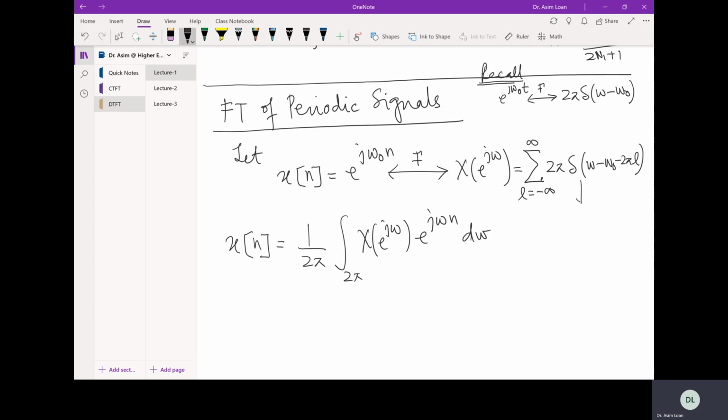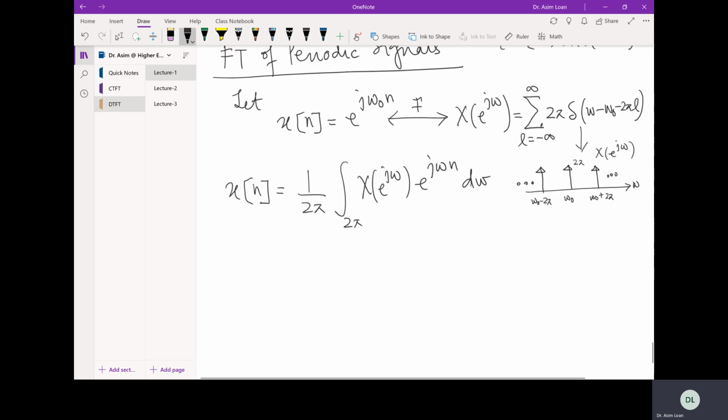This sketch is like this. You have omega naught, then you have omega naught plus 2 pi, omega naught minus 2 pi, and this goes on. This goes on here. This is omega. This is the sketch here. So this is x of e^jω.